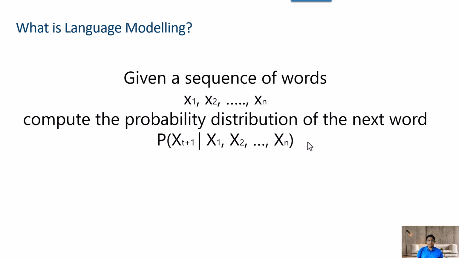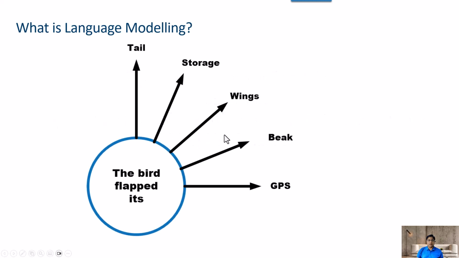So exactly this is what we do in the language modeling, and let's understand it with the help of an example. In this example I have given you a sentence, the bird flaps its, and in the fill in the blanks I have given you these choices: tail, storage, wings, beak or GPS. Which one do you select?